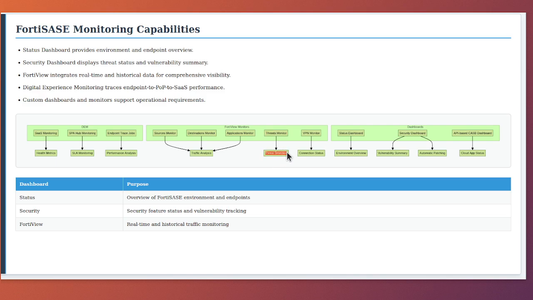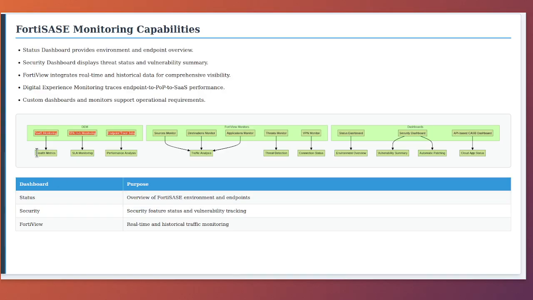For API-based CASB, dedicated monitoring pages show an overview of connected cloud applications, application connection status, files being monitored, and alarms triggered by policy violations. Digital Experience Monitoring, or DEM, provides visibility into endpoint to security point of presence connectivity, software as a service application health, and network performance metrics.